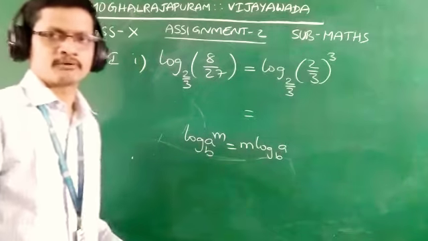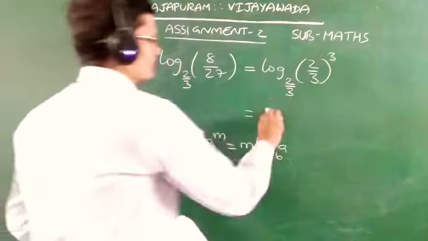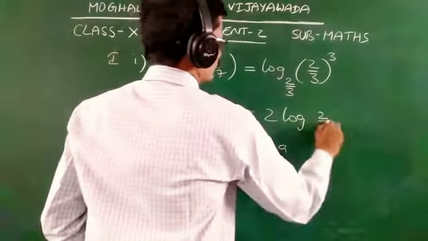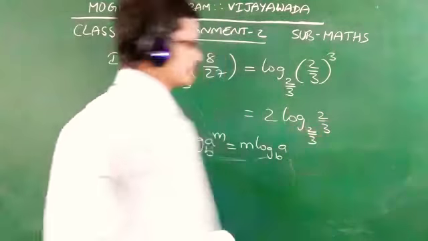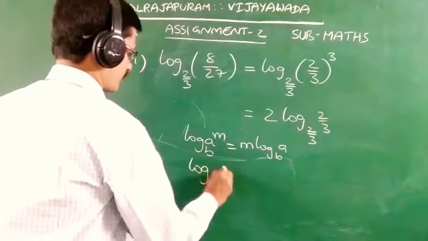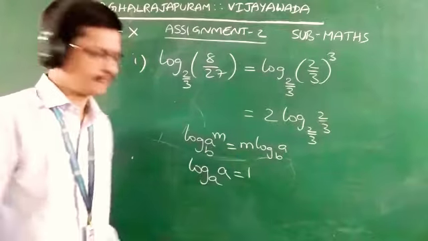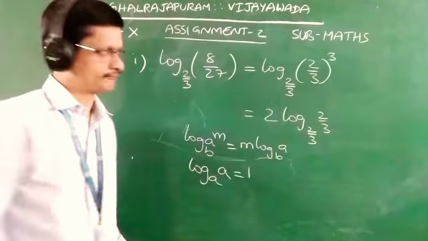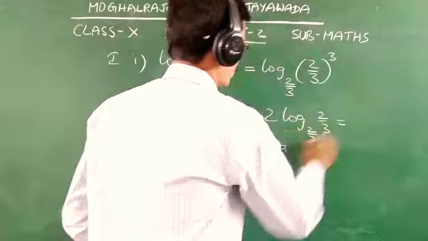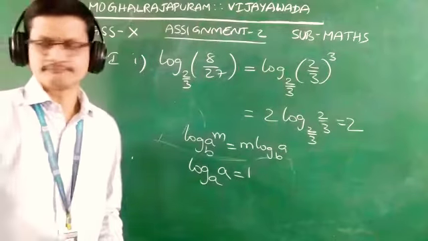So 2 log (2/3) to the base 2/3. Next, what is the formula for log a to the base a? Logarithm of any number to the same base is 1. So this answer is 1. 2 into 1, 2.